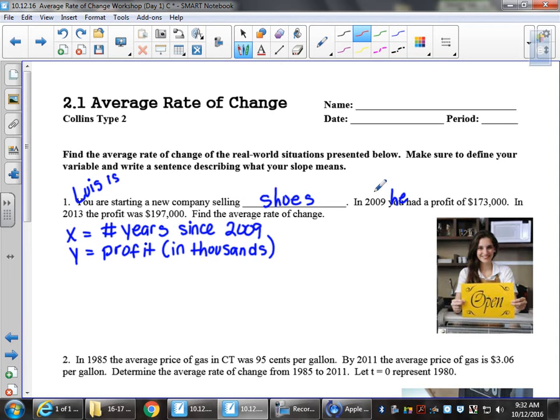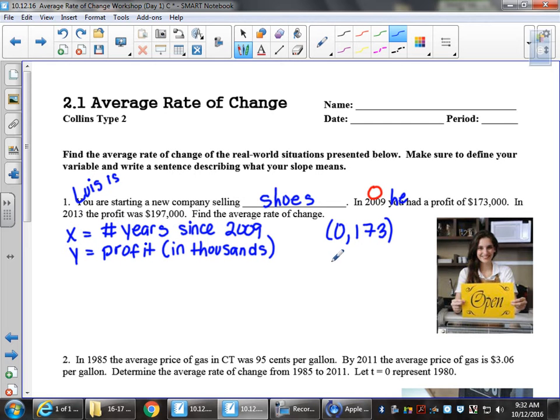Okay, but remember, 2009 is technically how many years after 2009? That's my 0 year, right? So it's going to be 0, comma, and then I heard 173. But I just have to write 173 because I defined this in thousands, right? See how nice that is? That's a nice ordered pair.